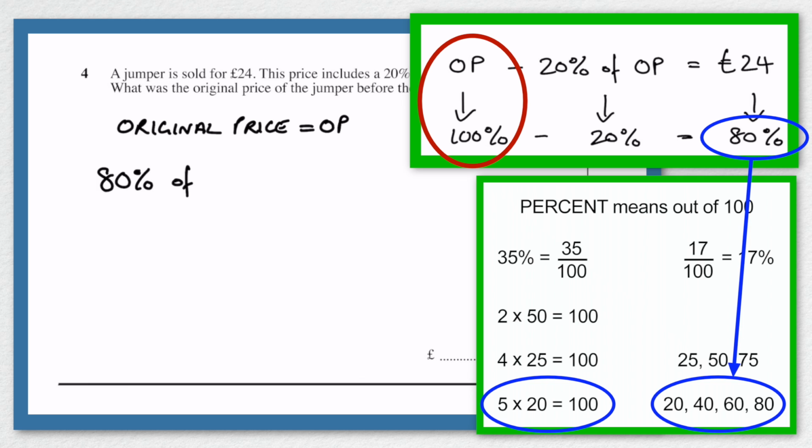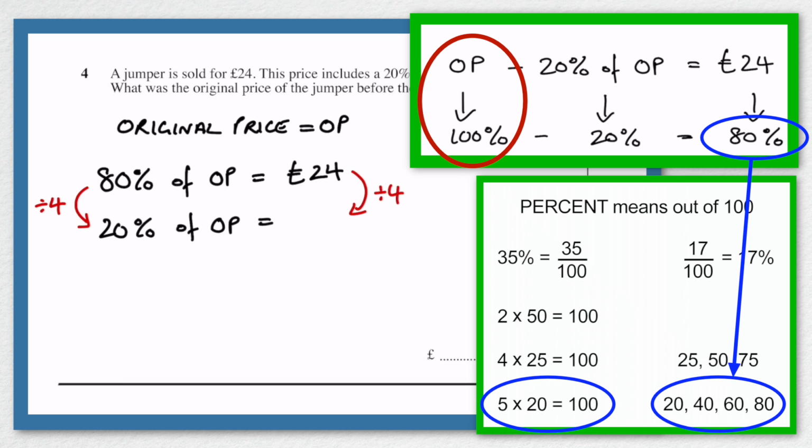So if 80% of the original price is £24, if I divide that 80 by 4, I get 20. So this means that 20% of the original price is 24 divided by 4. So 20% is equal to £6.